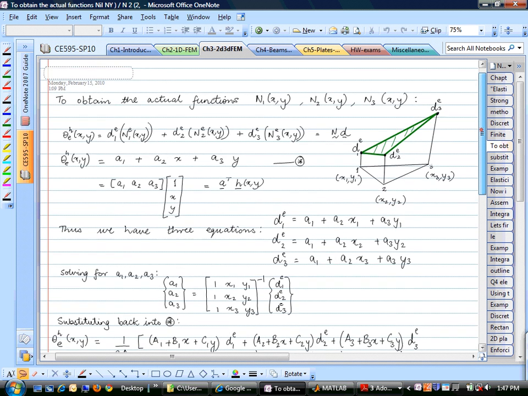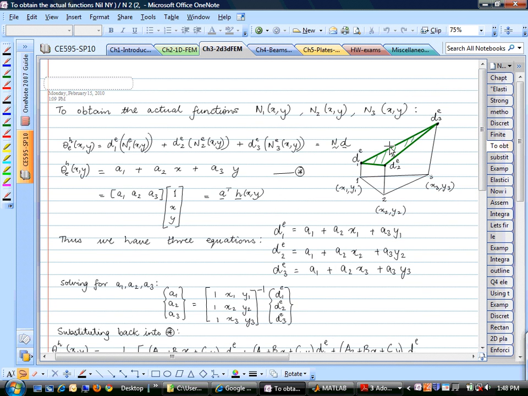All right, so in this triangle, the type of question that I might ask you is, can you prove that the sum of the shape functions at any point is 1? How would you do that? I give you the 3 coordinates of the triangle, and if I ask you that at a 4th point somewhere in the triangle, can you show that the sum of the shape functions is 1?